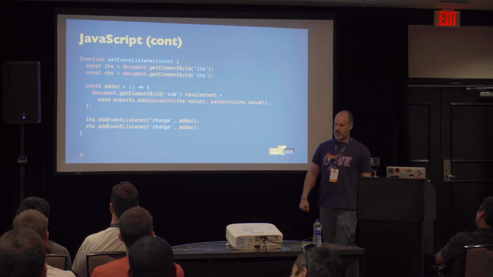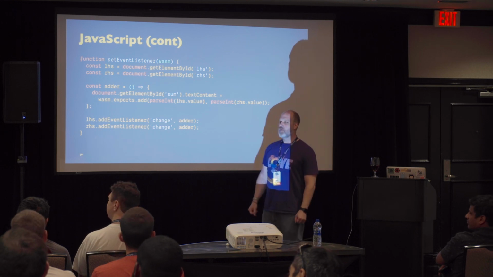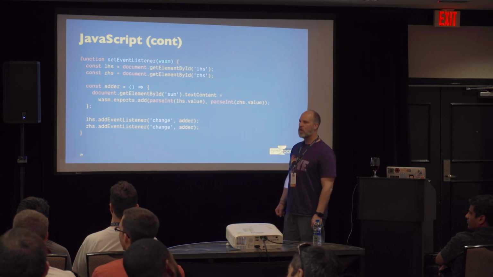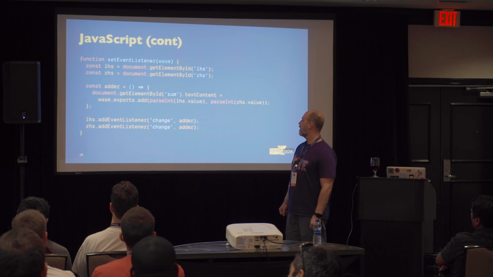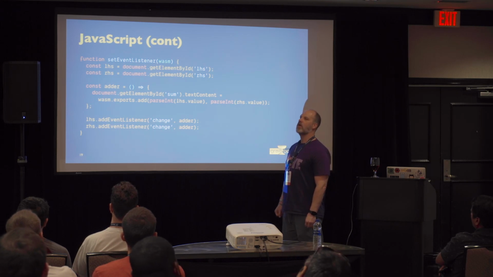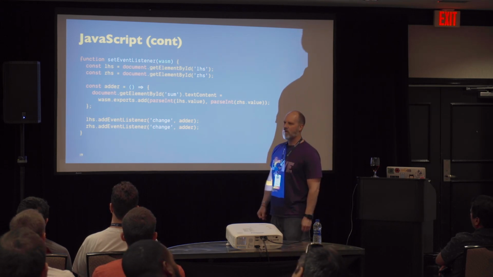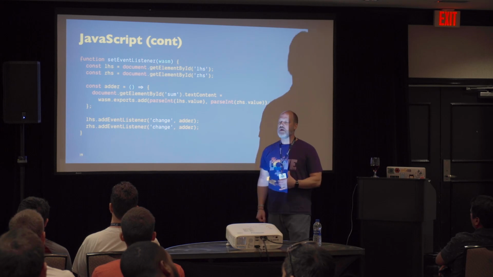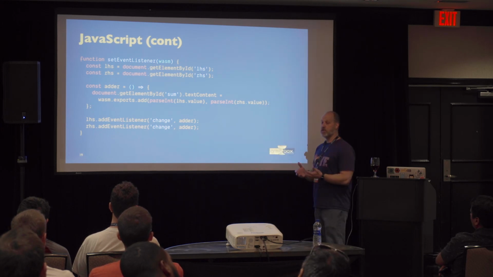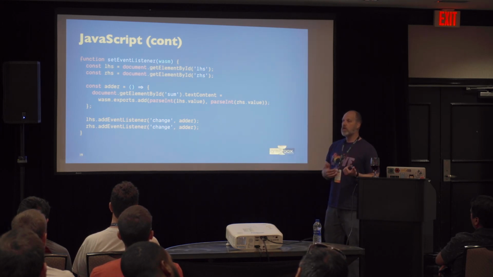One here. How do you ignore collisions with the namespace there, where it's WASM at this point? Okay, so the question is how do you avoid namespace collisions? Do you mean collisions with JavaScript? Yeah.